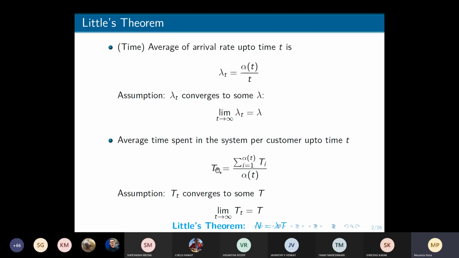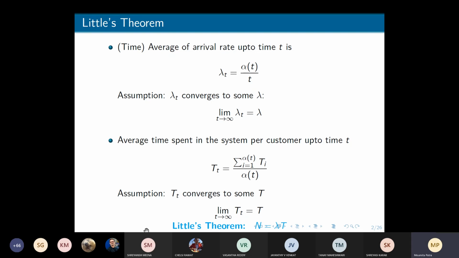It is given by Tt equals the summation from i equals 1 to alpha t of Ti, divided by alpha t, because alpha t customers have arrived into the system between 0 to t. That gives you the average time spent in the system per customer. The assumption here is that Tt converges to some T, that is, the limit as t tends to infinity of Tt is equal to T.